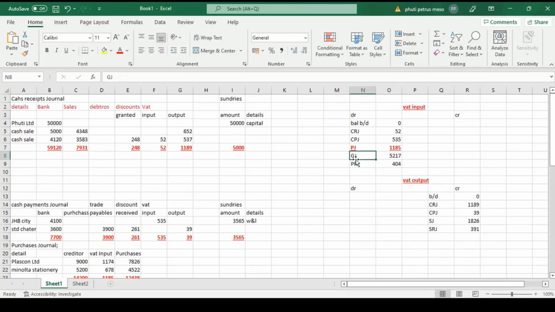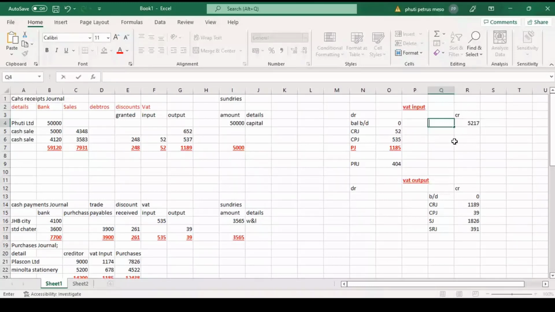Where is my general? This must not be here. 5217. It should come this side, sorry. 5217. Let's say GJ. I forgot to prioritize GJ.